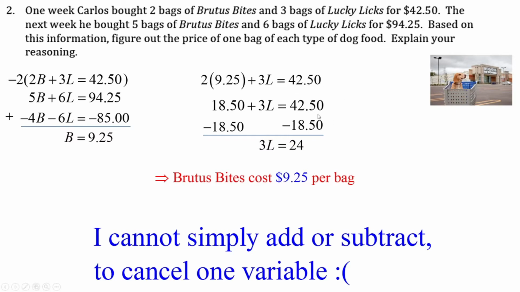Well, that's nice and clean, because now look, aren't we going to divide both sides by this 3 to undo the multiplication? All right. So Lucky Licks would cost, well, the 3's now cancel, so Lucky Licks equals 24 divided by 3, and 3 goes into 24 8 times. That's $8 per bag. Alright, this is going pretty darn well.